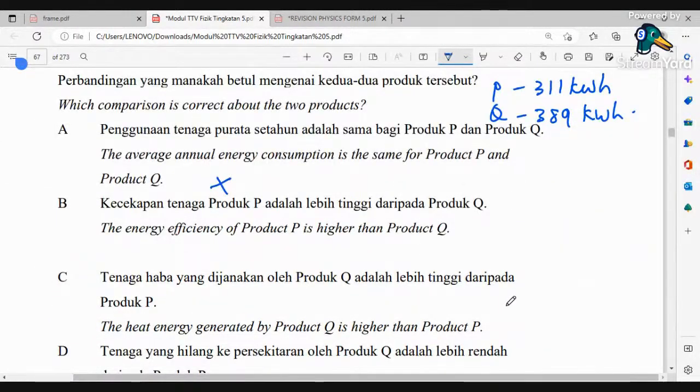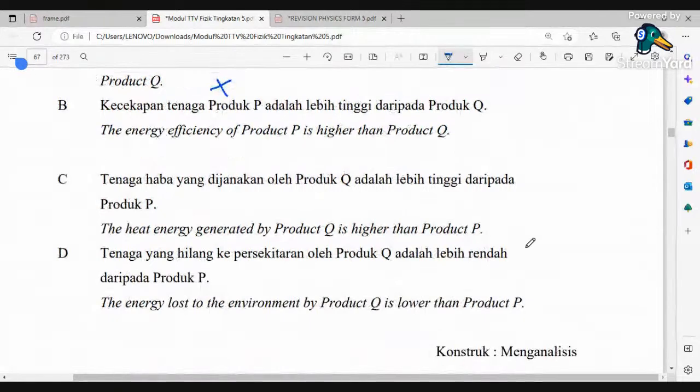Kalau same product but use more power, itu not good. Okay, so efficiency of product P is higher than Q. P is higher, should be this correct.